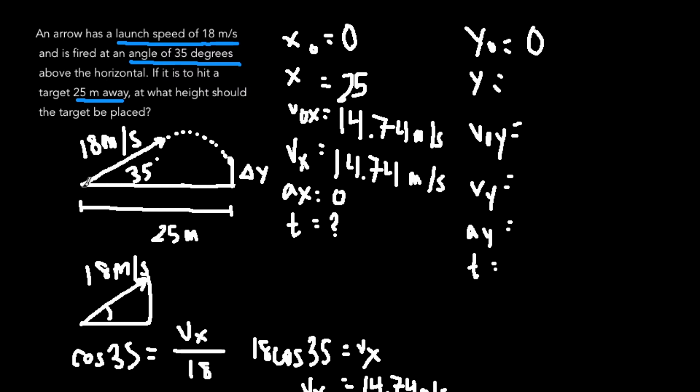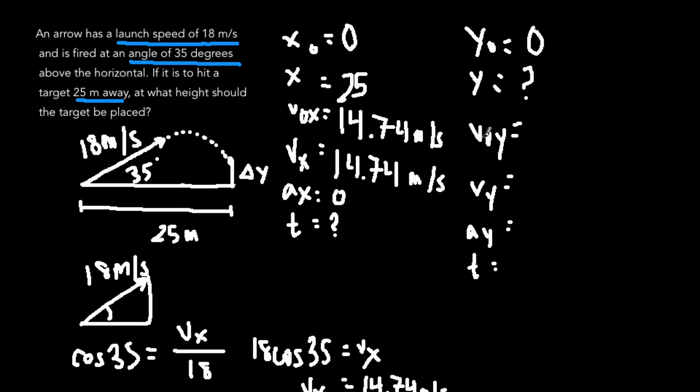If y naught is right here along the horizontal, and this right here is y final, and delta y has to be a positive value, then from here to here, trending towards this direction, is the positive side. So all of our variables have to correspond to that.